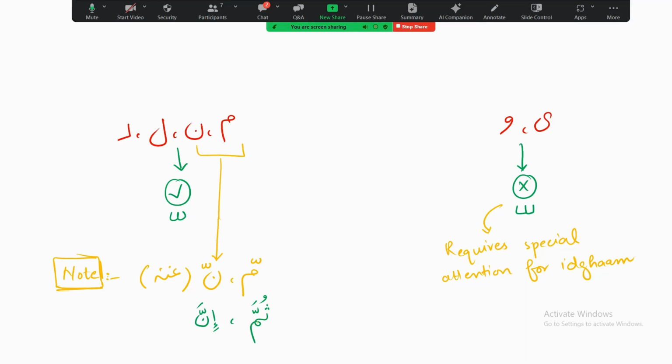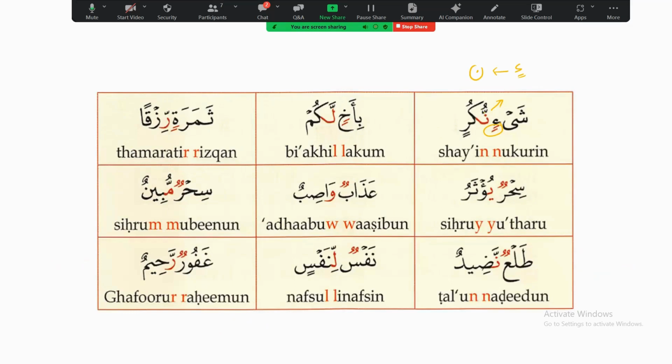So we say thumma, inna. We make the nasal sound on noon tashdid and meme tashdid. In this example, you see a noon shadda here, so we're making that same nasal sound. We say shay'in nukurin.